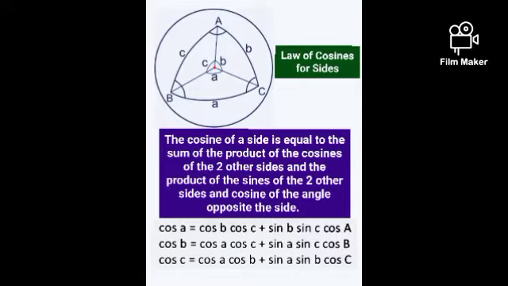Thus, cosine of small a equals cosine of small b times cosine of small c plus sine of small b times sine of small c times cosine of angle capital A.